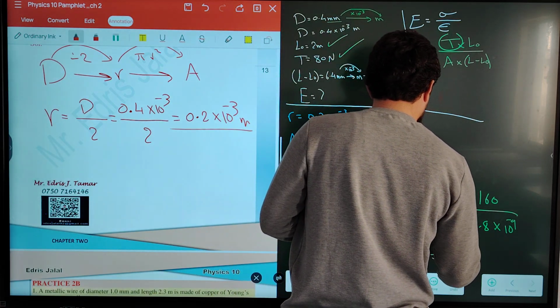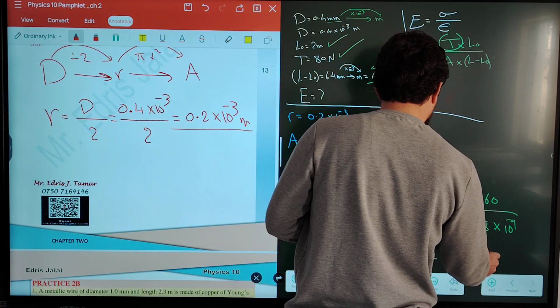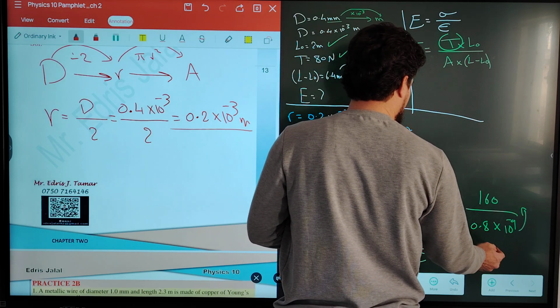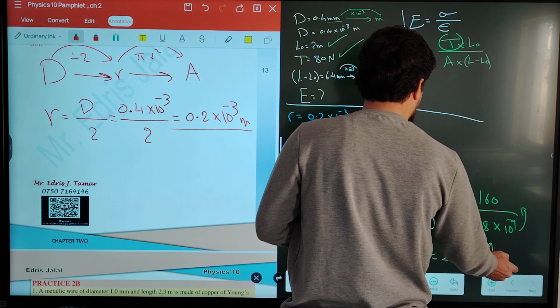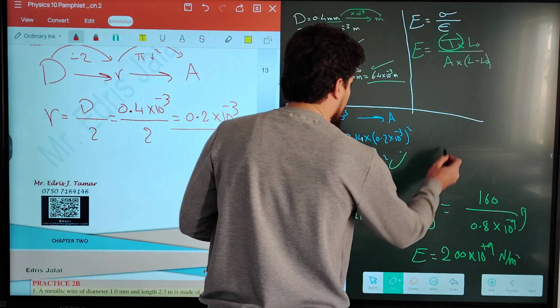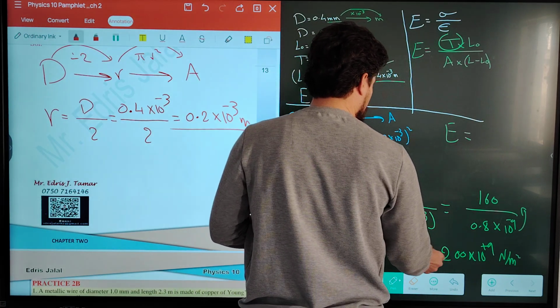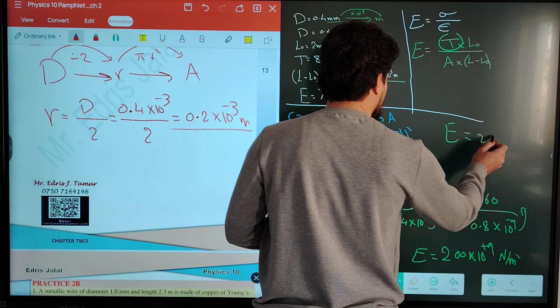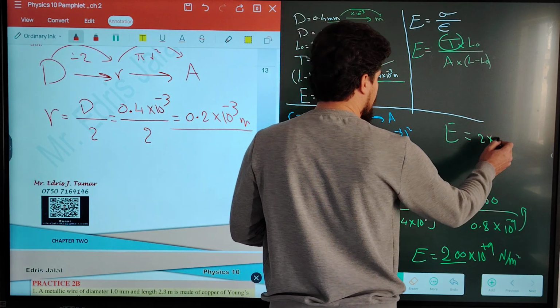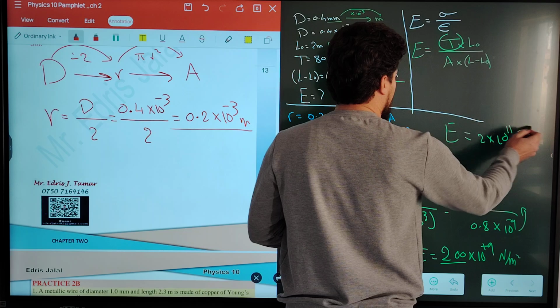So it's going to be 200 times 10 power. You have to move the 10 power negative 9 up. It's going to be positive 9 Newton per meter squared. Or you can say Young's modulus is equal to 2 times 10 power 2 plus 10 power 9, which is 11 Pascal.